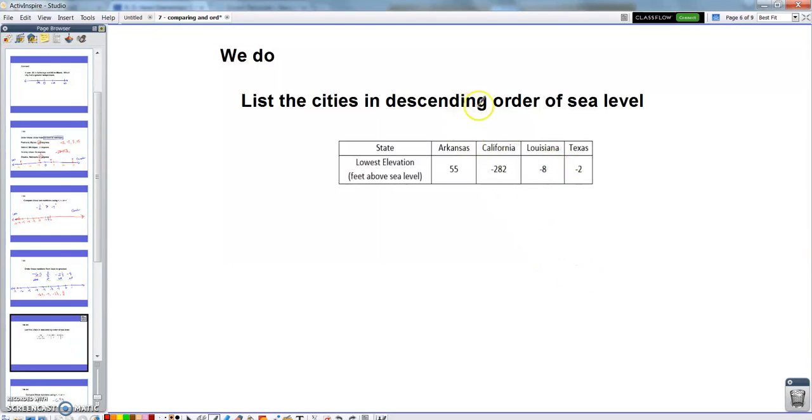So I want this one, notice, tricky wording, descending order. That is like, descend is like when you descend the stairs, you go down the stairs. So this actually means greatest to least. Or in this case, highest to lowest.